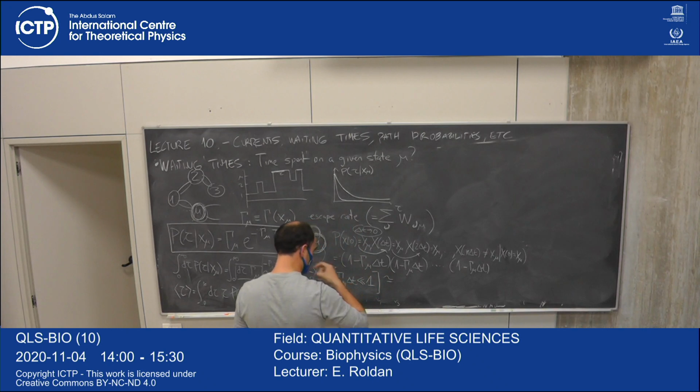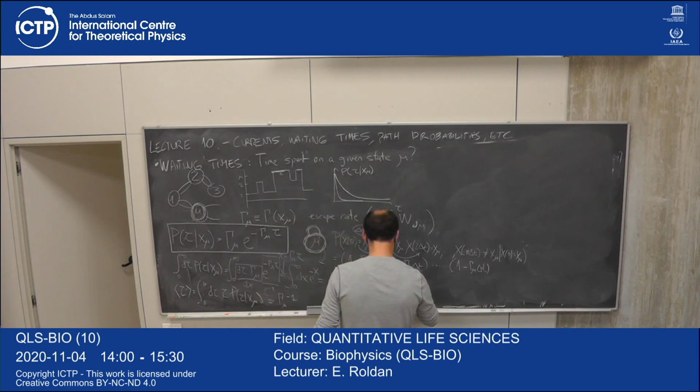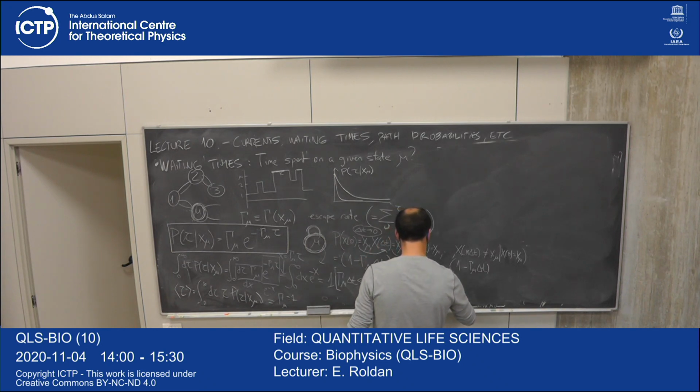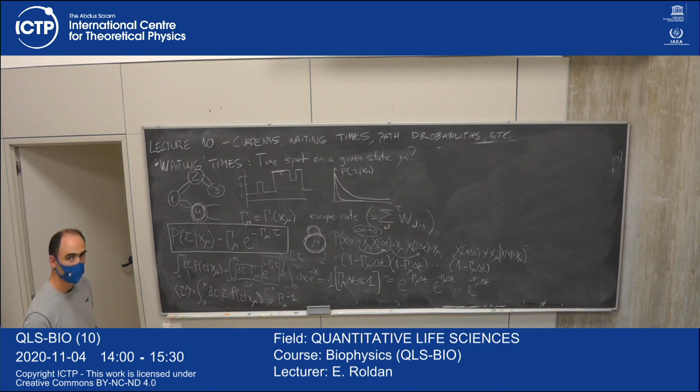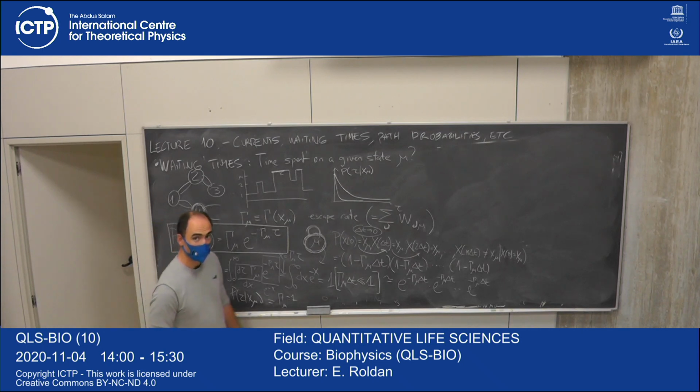When you have this limit, you can write all this product as e to the minus gamma mu delta t times e to the minus gamma mu delta t times e to the minus gamma mu delta t. Why did I write this? Can someone tell me? Anyone?